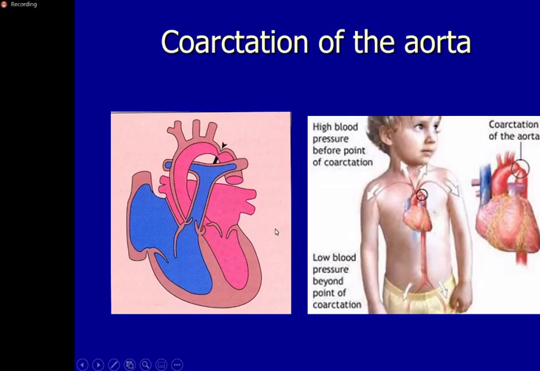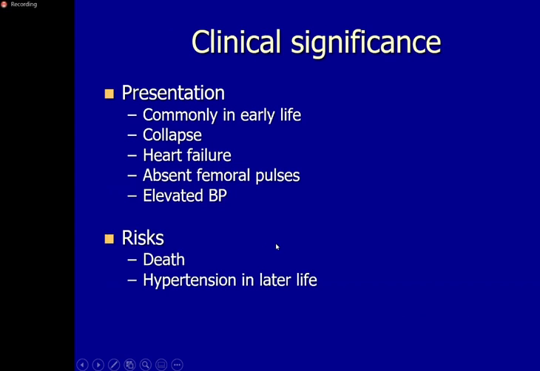The clinical features are commonly in early life: collapse, heart failure could be there, because you can see the blood is not coming down beyond this obstruction to the lower part, the kidneys as well as the lower limbs. Then the femoral pulses will be very weak. Blood pressure will be high. Why is the blood pressure high?